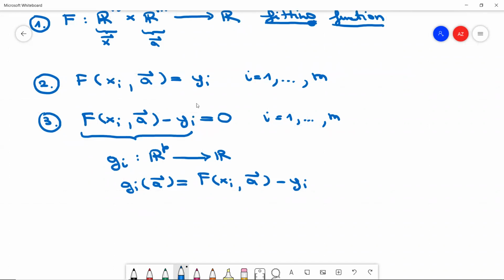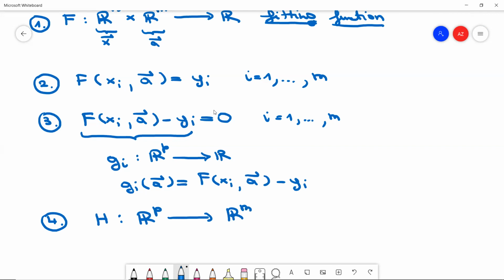So we introduce those functions. And condition 3 says that we would like to find a such that all those gi's are equal to 0. So we introduce function capital H. Also, this is a function from p tuples into, now not into real numbers, but it's vectorial function because we collect all small g's into H. So we have m.